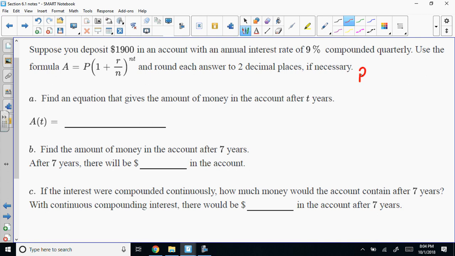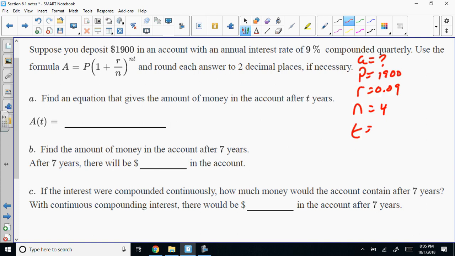So P, A, R, N, and T. If you fill this out, it'll be easy to plug in. That's 1,900. Interest rate is 0.09. Quarterly is how many times a year? 4. And then for how many years? It just said t years.